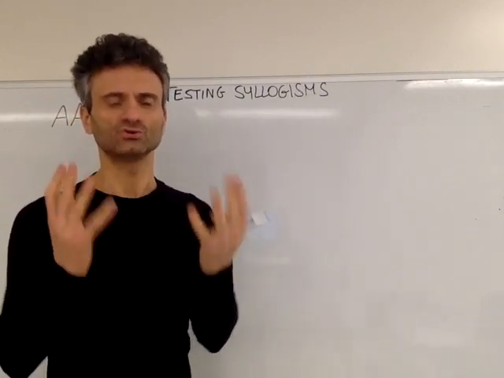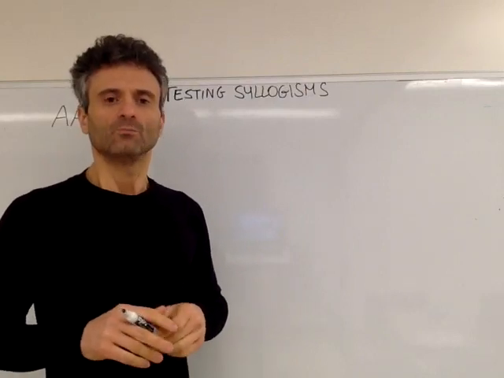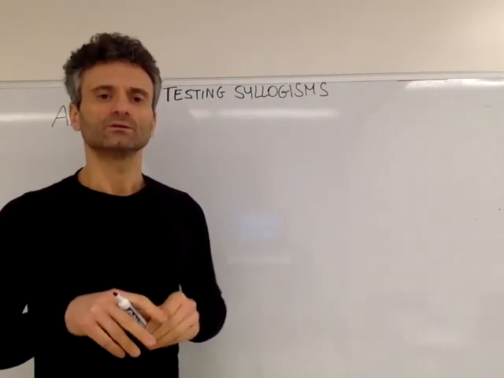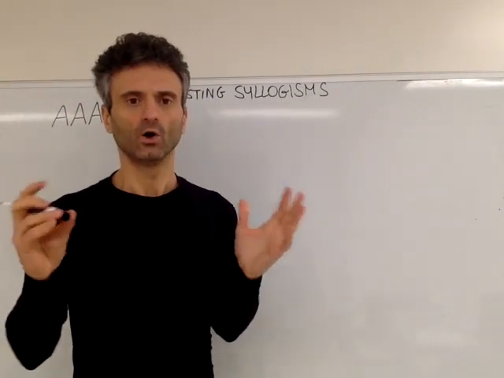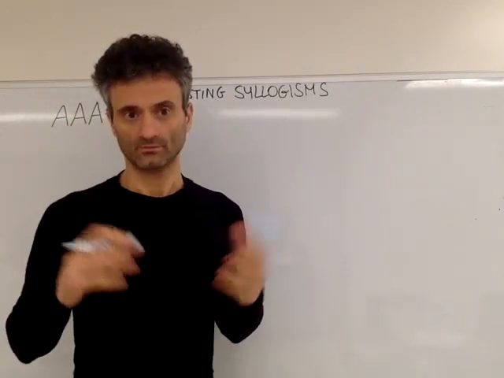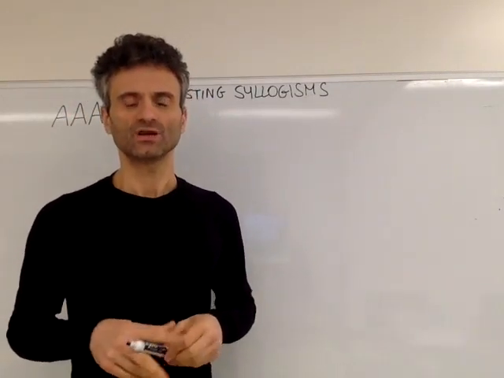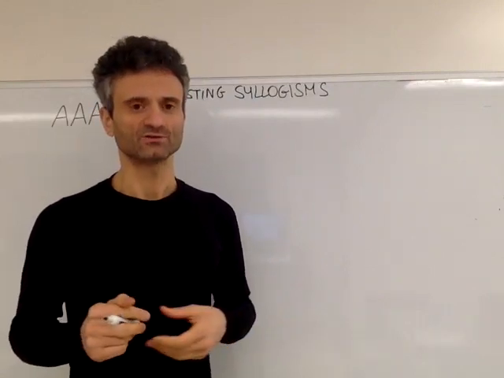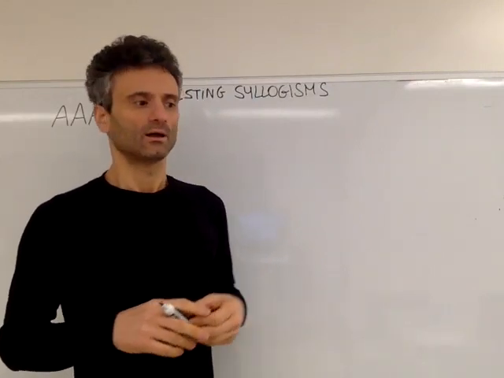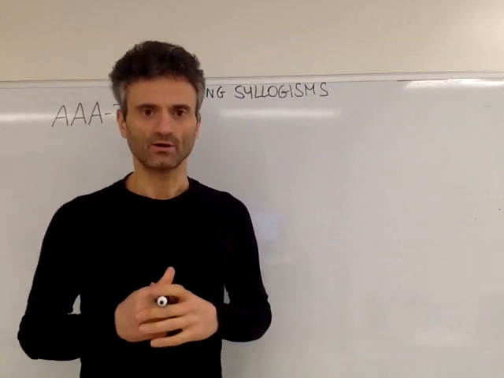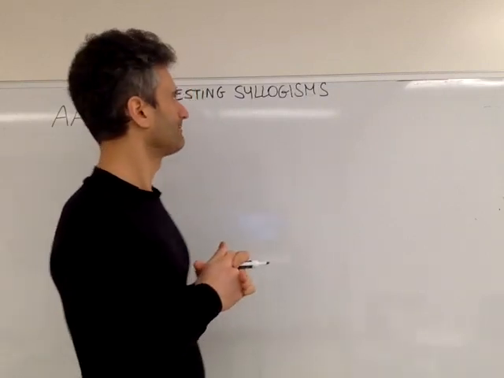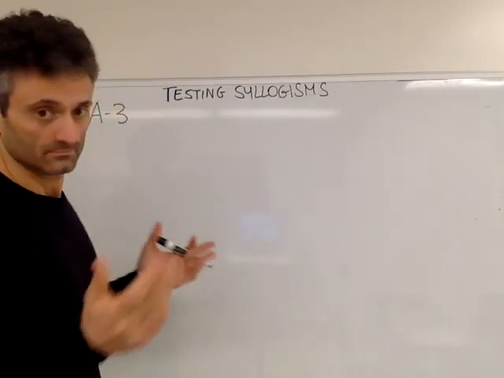Okay, so we can use 2 Venn diagrams. But when we want to diagram a whole argument, the entire syllogism, which has 3 statements, we use 3 Venn diagrams. Let me show you how.